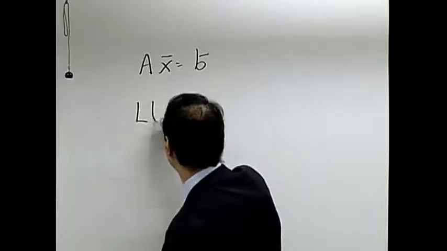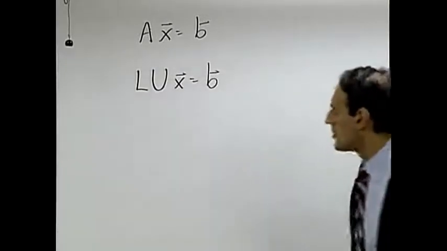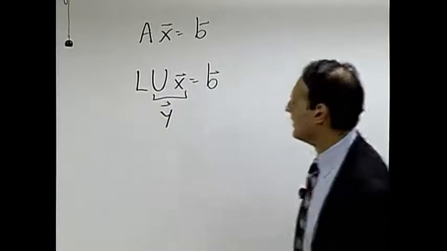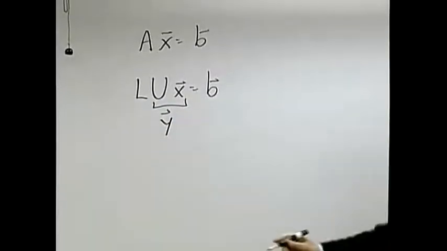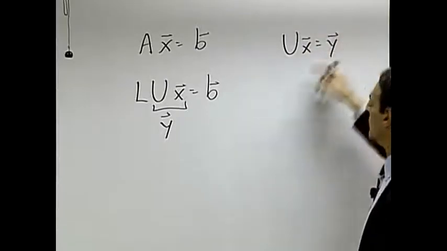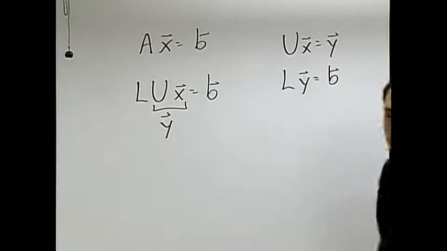So I have LUx equal to B. Now here's what I'm going to do. I'm going to call this U times x y. So Ux is equal to y, and what's left over is Ly is equal to B.